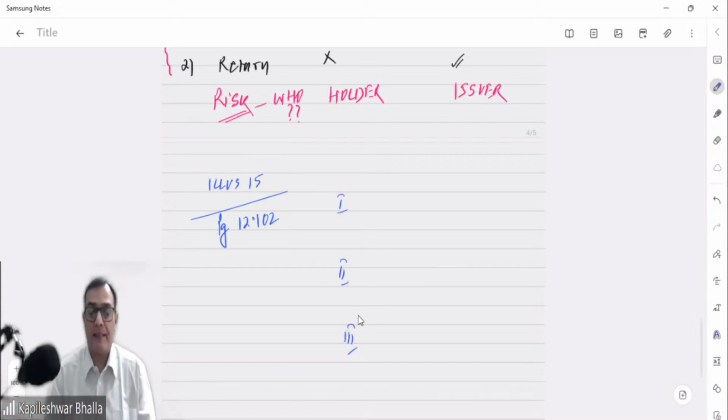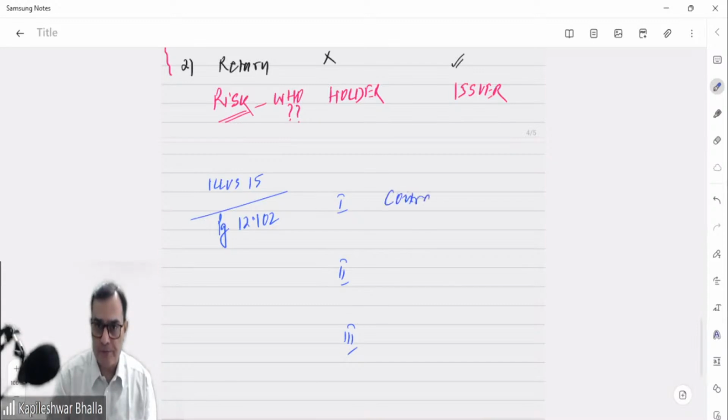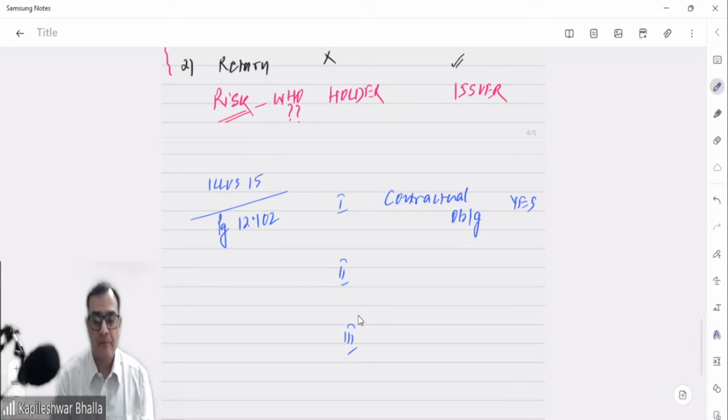Step number 1: is there a contractual obligation of the issuer? Yes, you issued an instrument, so there is a contractual obligation of the issuer. I go to the next one: what is the mode of payment? The mode of payment is equity shares. Then I went to step number 3 and applied my fixed test.